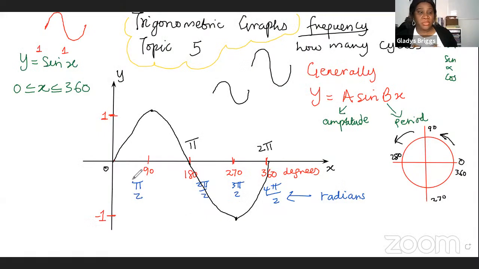So let's go back to what we were doing. So guys, now you know how to draw the sine graph. I only got one person who sent me their graph. Oh, you just took a screenshot. Okay.